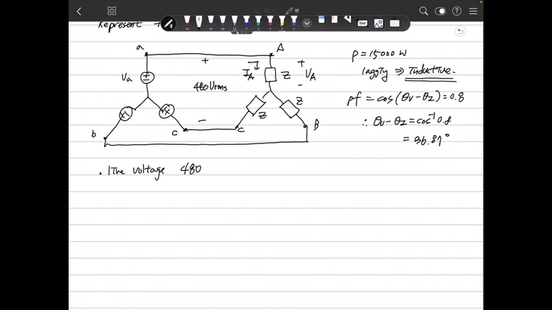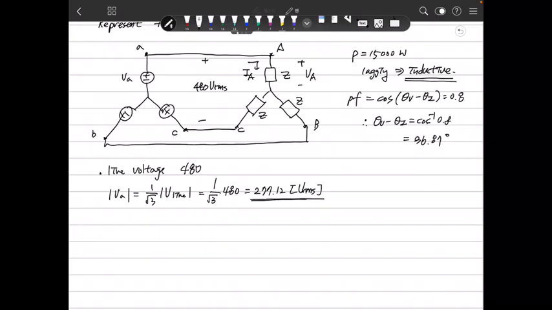The relationship between the phase voltage and line voltage is that the phase voltage magnitude is smaller compared to the line voltage. That is RMS. Why? The 480 line-to-line voltage is RMS, so the phase voltage is also RMS.